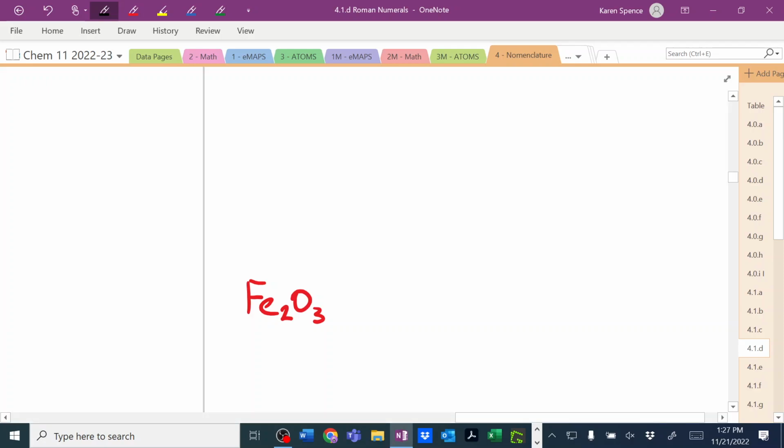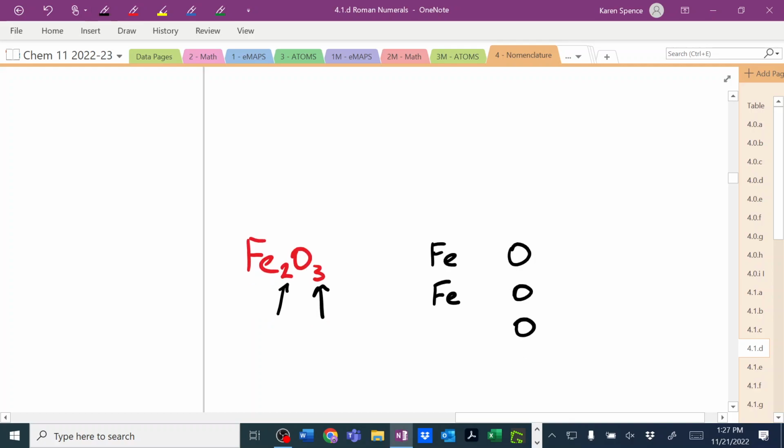How many irons are in this formula? 2. Fe, Fe. How many oxygens are in this formula? 3. 1, 2, 3. Then we say, what is the charge of O?